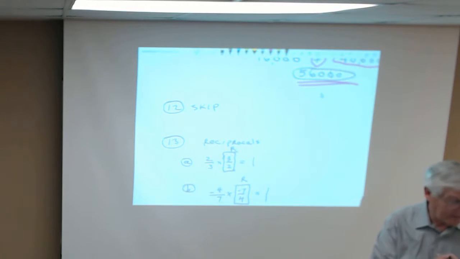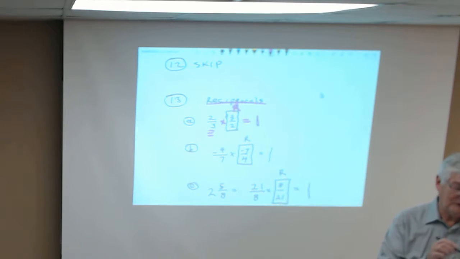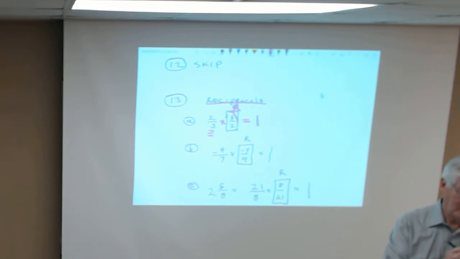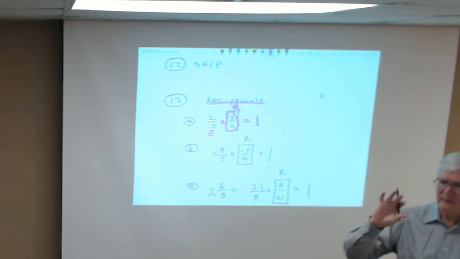Number 13, reciprocals. Here's 2/3. 2/3 times its reciprocal equals 1. What would I take times 2/3 to get 1 for an answer? 3 over 2. Were somebody taught just to flip it over to make the reciprocal?